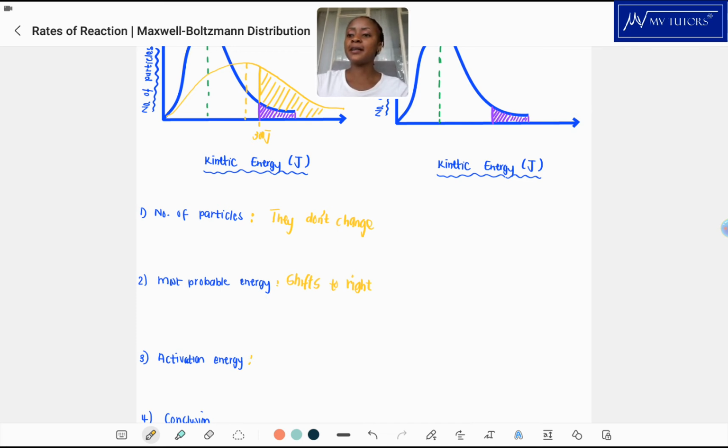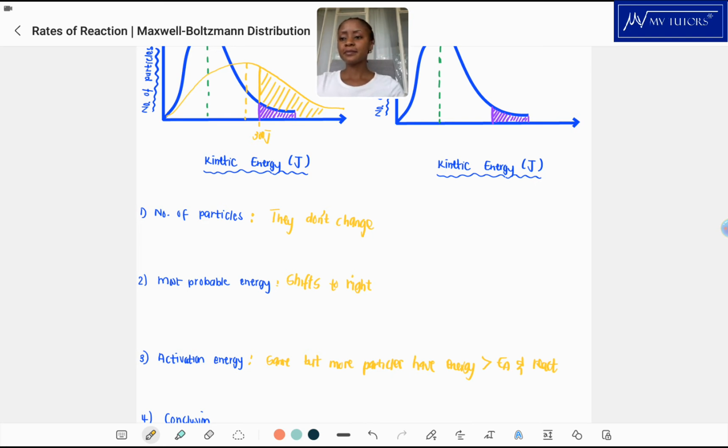So activation energy is still the same, but more particles have energy higher than the activation energy and can therefore react.